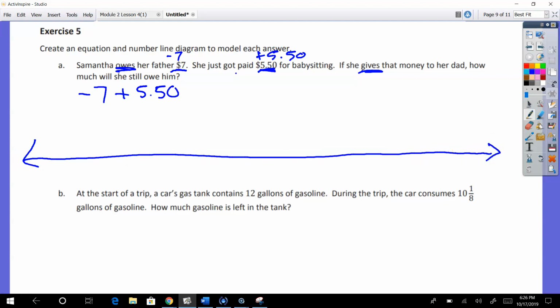Okay, so we're at negative 7. We're going to be going to the right, so I'm going to start my number line at negative 7, going to the right. Hopefully that's enough. Negative 7. Whoops, not negative 8.